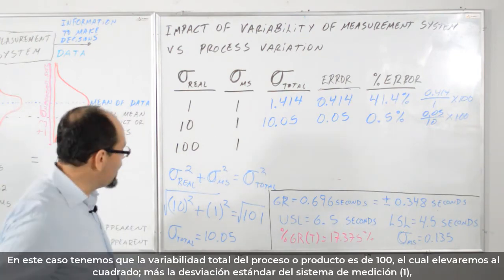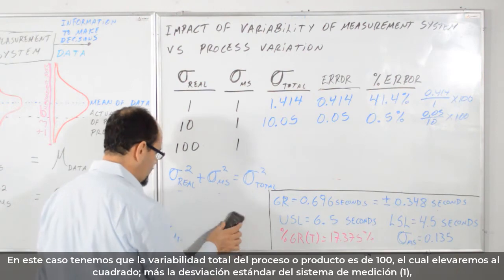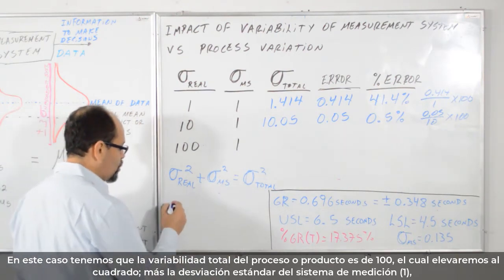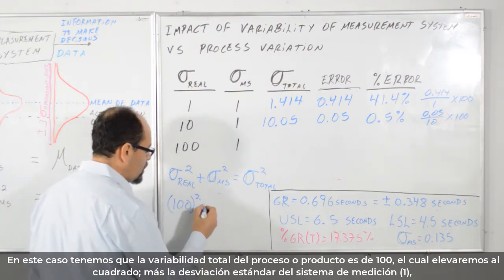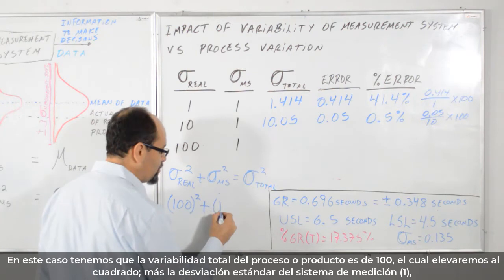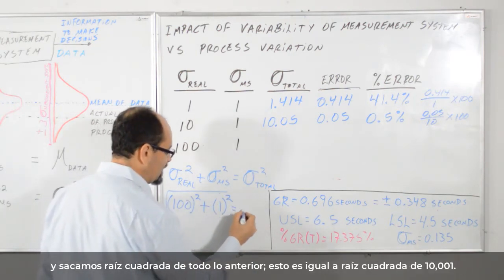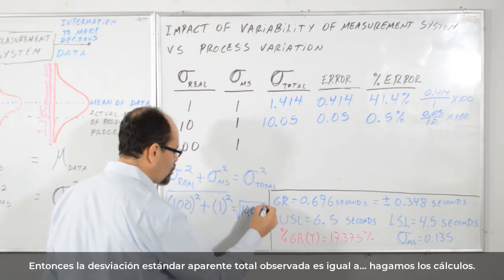For the third scenario, the total variability of the process or the product is 100, and that is squared, plus the standard deviation of the measurement system, which is 1, squared. That is the square root of 10,001.